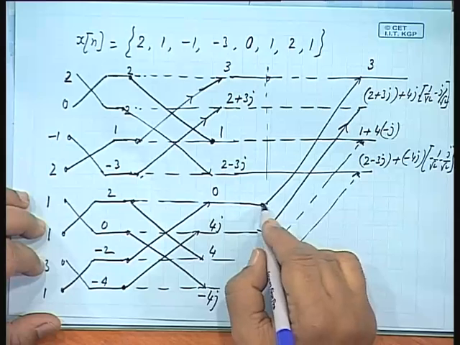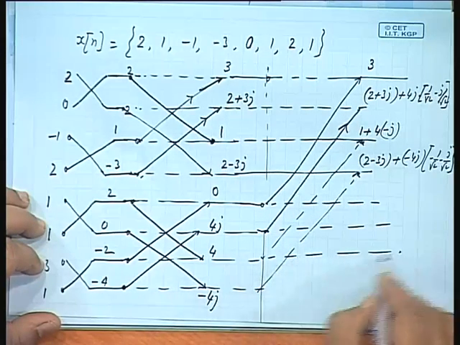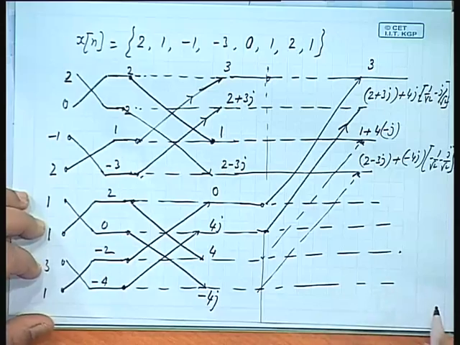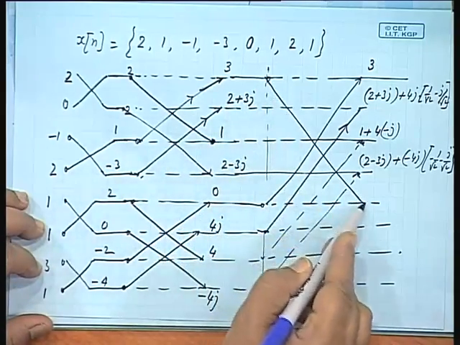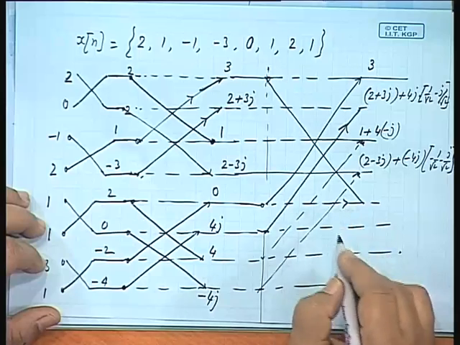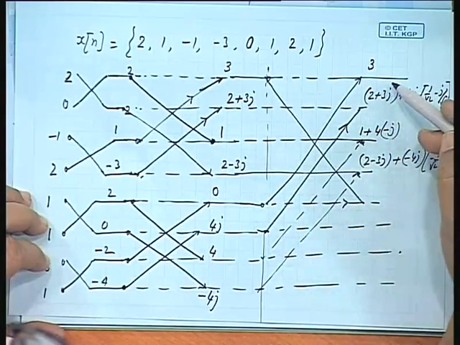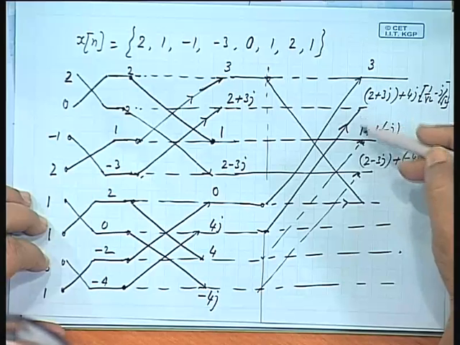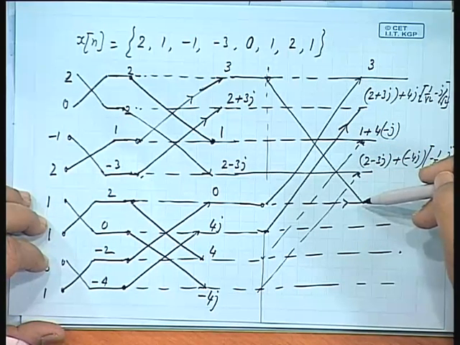Similarly, you can find out for these 4, all right. Draw these lines. What should this be multiplied by? This was basically W0, W81, W82, W83, then this would be W84 means minus 1.